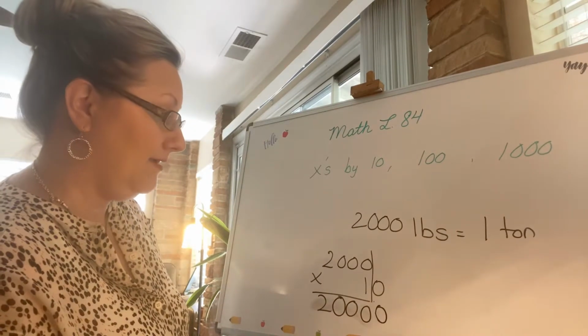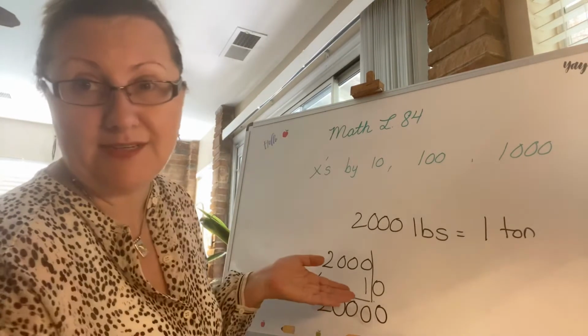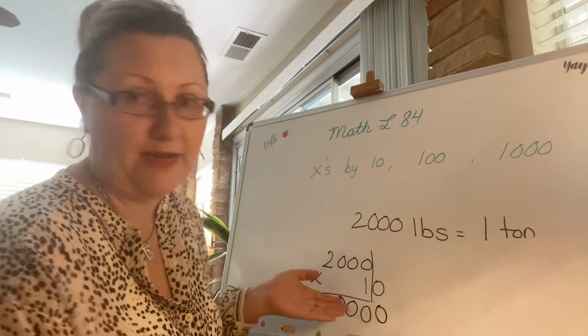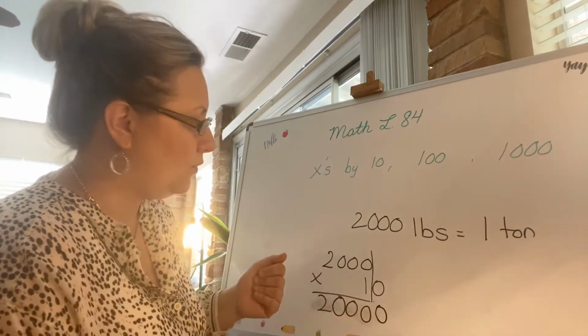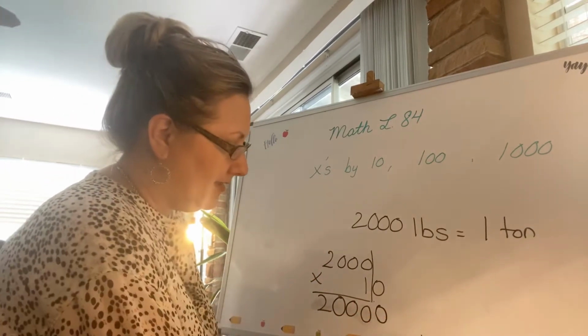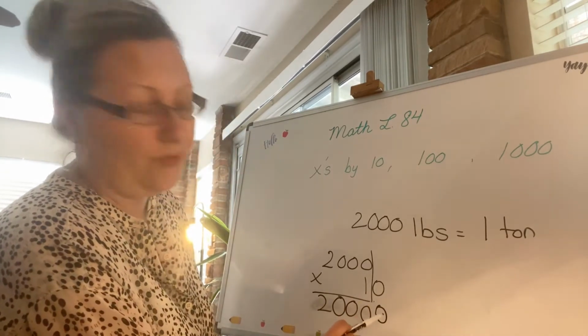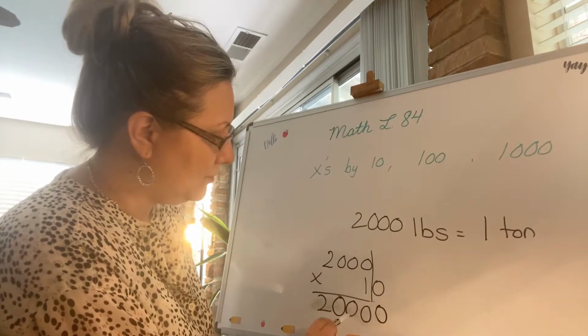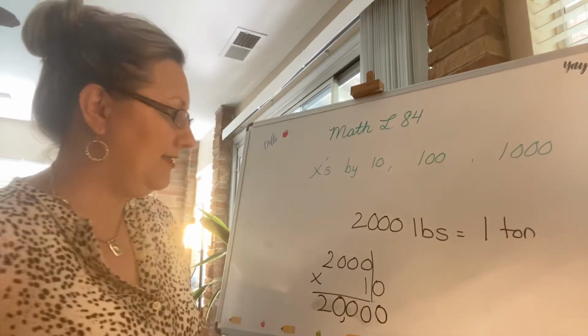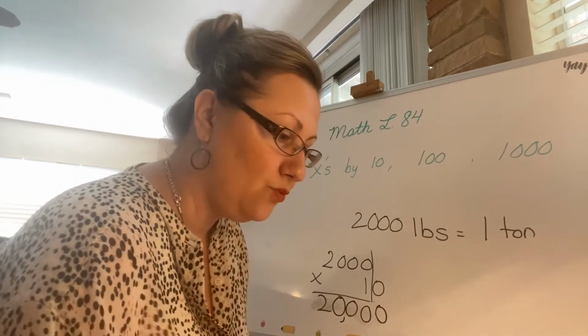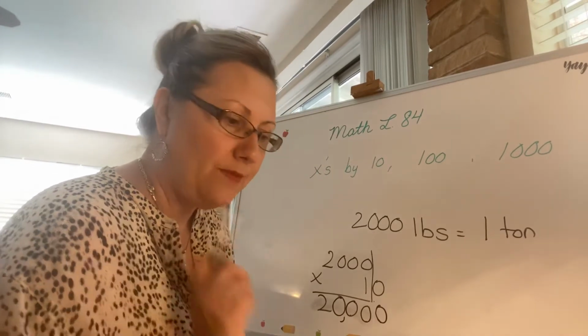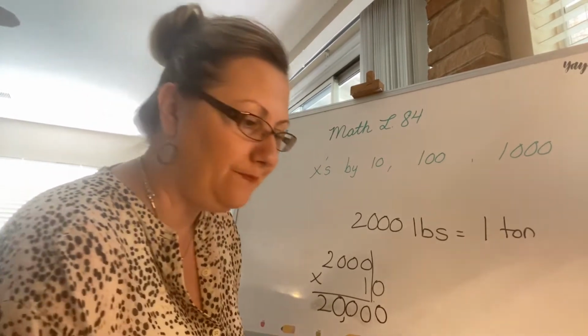and we think, well, is this dollars and cents? No. Is there a decimal? No. So all we're going to do is start at the right and count from the right to the left digits to find out where we put our comma. So 1, 2, 3, comma. And the answer is 20,000. 20,000 what? What's your label?